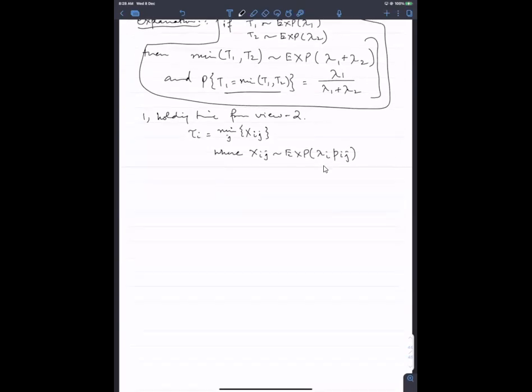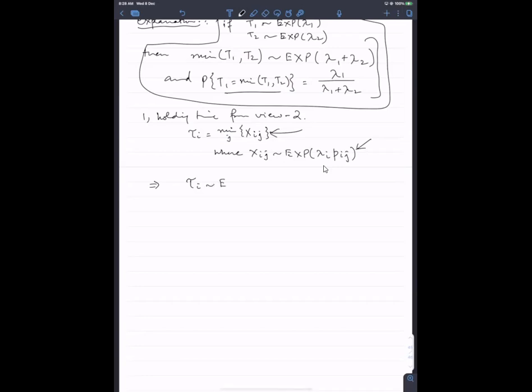Okay, that means कि tau i जो minimum of all of these guys है, which are all exponential. So बहुत सारे exponential का अगर min लेते हैं तो you still have an exponential.